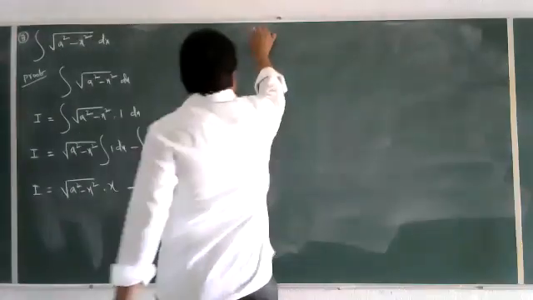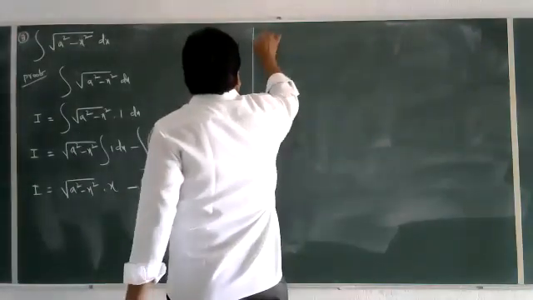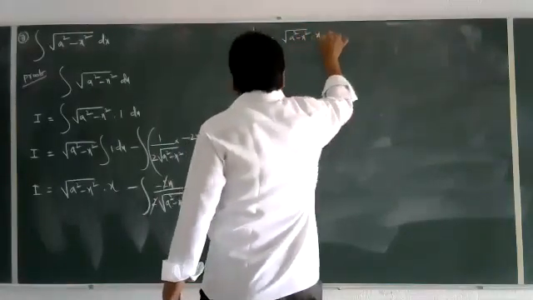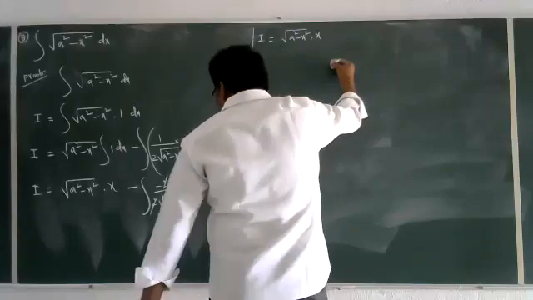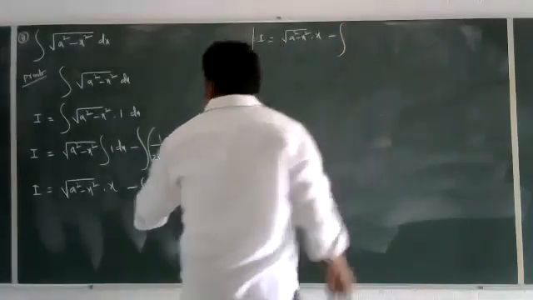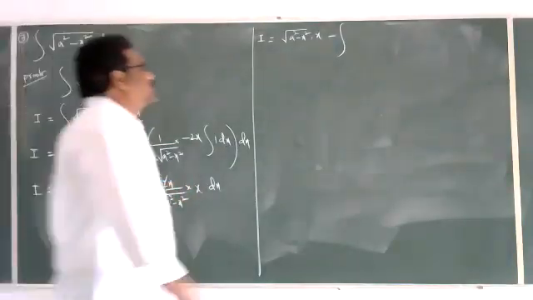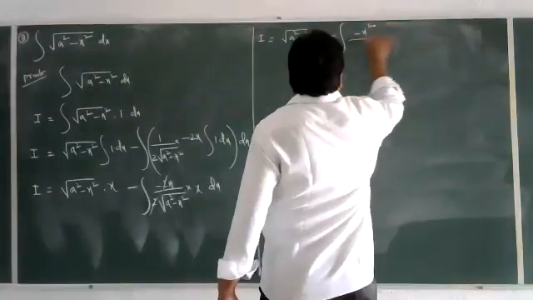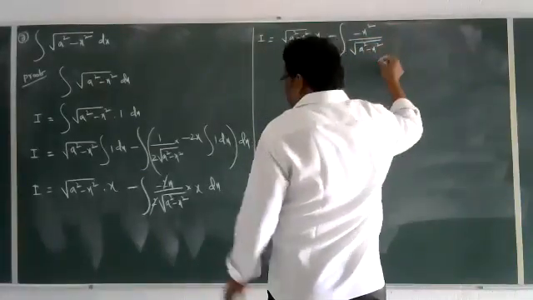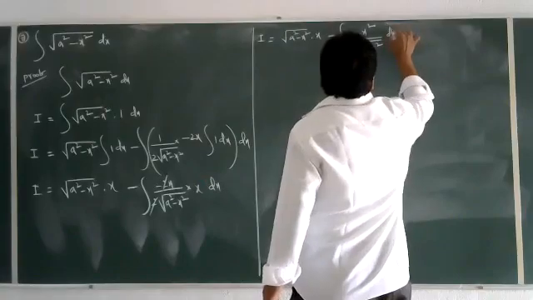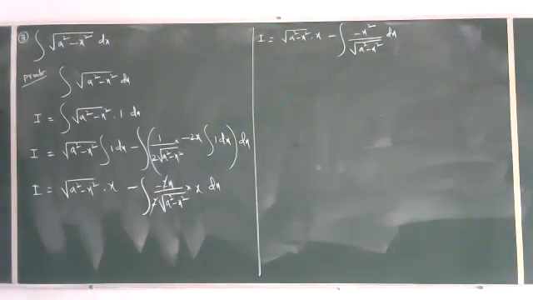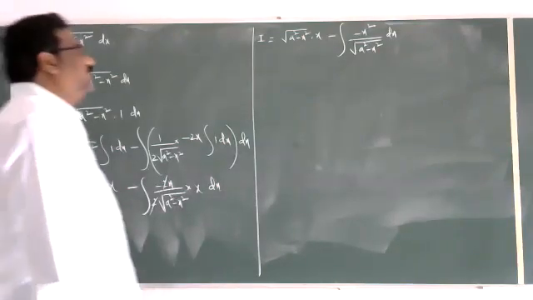That is, I is equal to root of a square minus x square into x, minus integral, here minus x into x, minus x square by root of a square minus x square into dx.